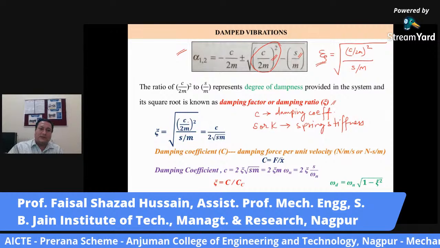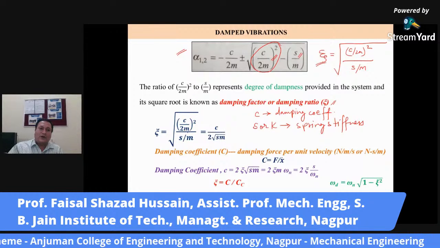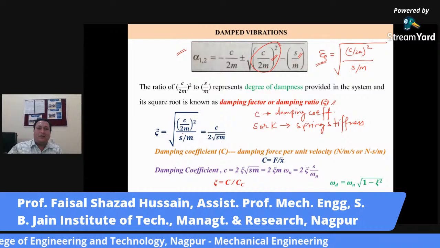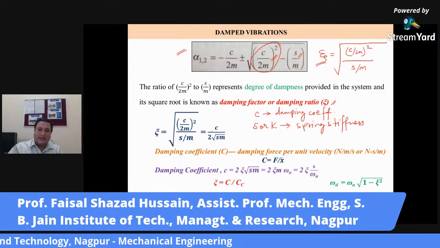So this equation, c by 2m the whole square by s by m, if we solve it, we will get c upon 2 under root s m.